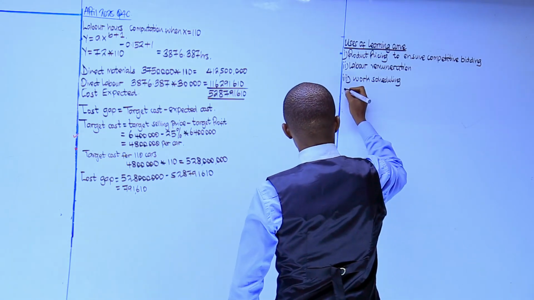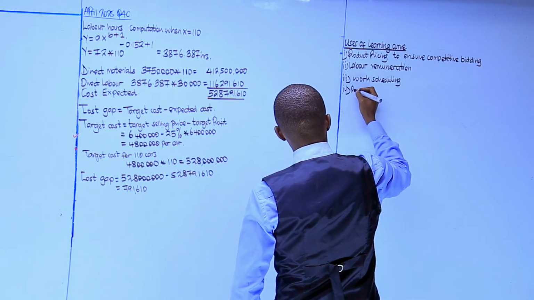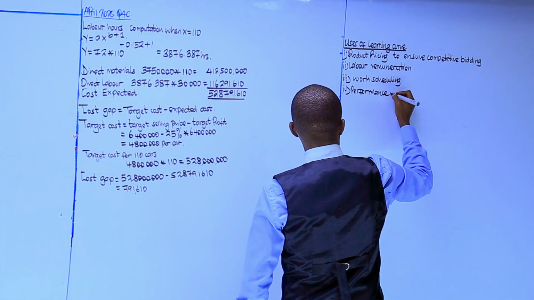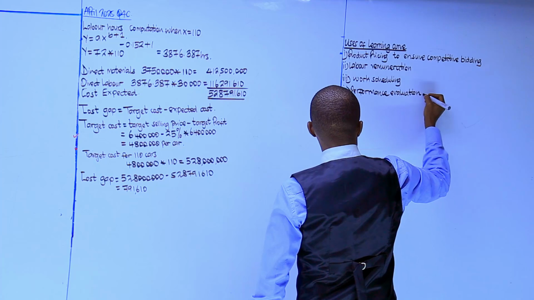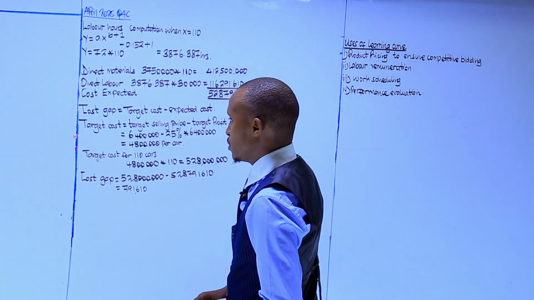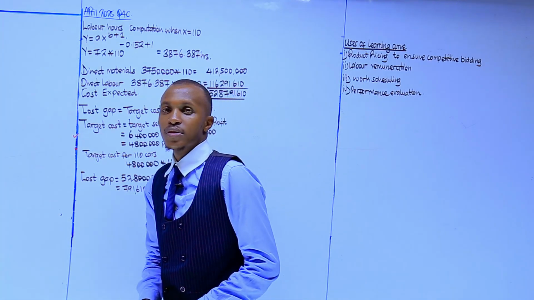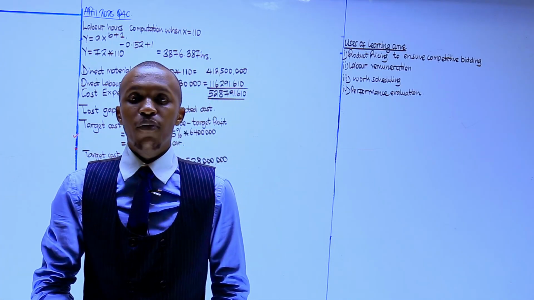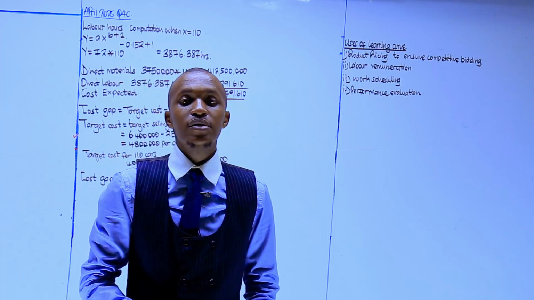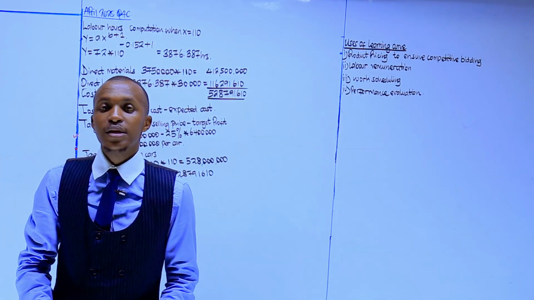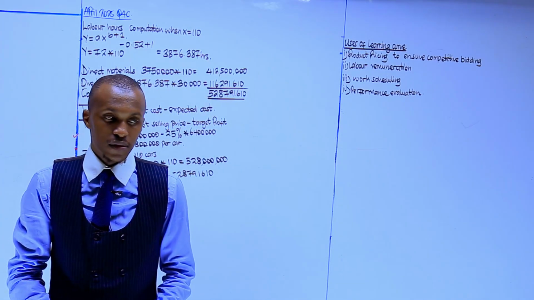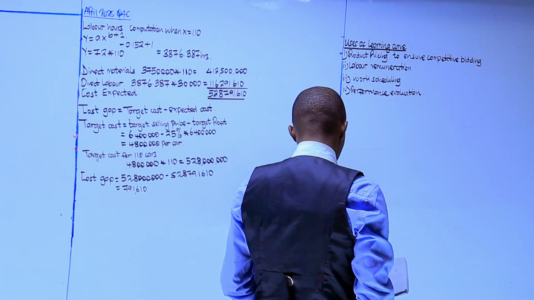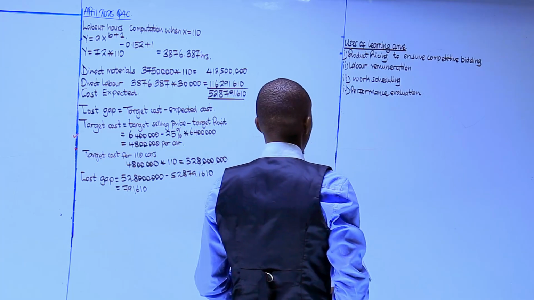Then it could also be used for performance evaluation, where you want to compare the performance that is expected with the performance that is actually obtained, or simply measure performance.